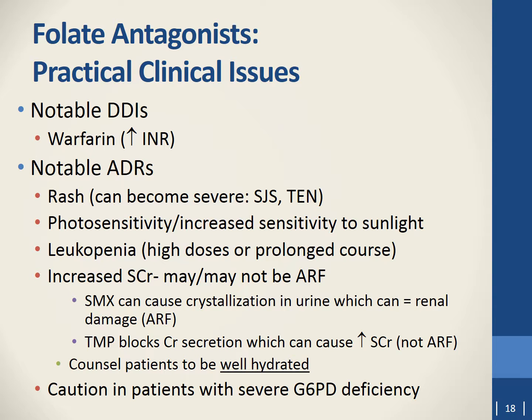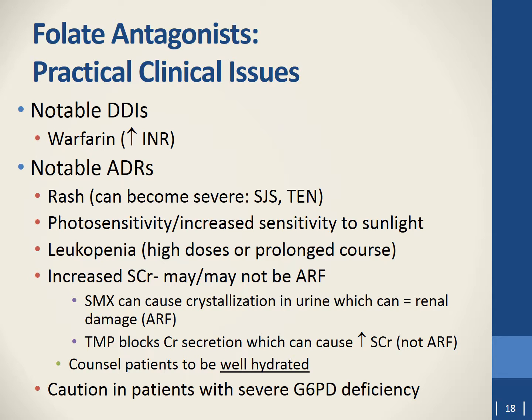Another thing that you may see if you're monitoring serum creatinine is that patients on TMP sulfa can actually have an increased serum creatinine, which may or may not be acute renal failure. The sulfamethoxazole itself can cause crystallization in the urine, which can cause renal damage. Those crystals can impact the kidney. In that case, you would be looking at more of an acute renal failure picture.